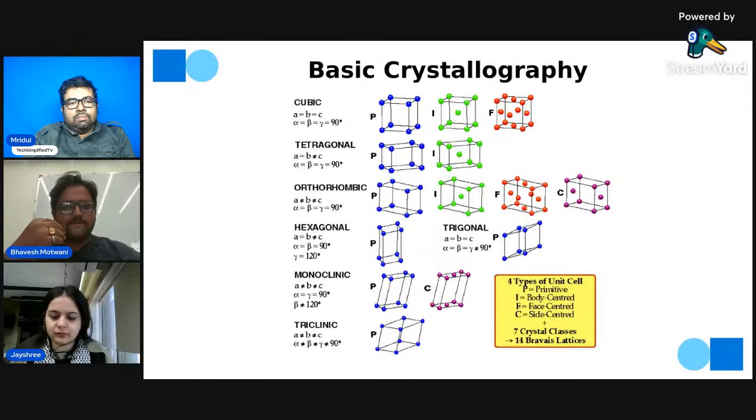First is cubic, then tetragonal, orthorhombic, hexagonal, trigonal, monoclinic, and triclinic. With these different lattice structures, we can understand how crystallography works. The blue, green or red ones are just atoms, arranged in this manner so we can understand crystallography by viewing it in an image.